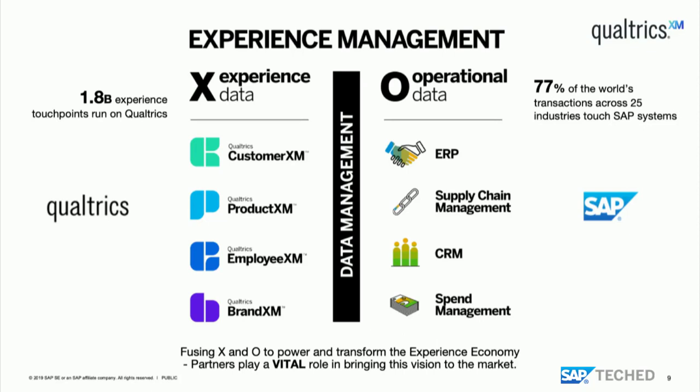SAP runs 77% of the world's transactions. When you combine these transactions, this O data, with all the touch points across Qualtrics and X data, that's where we can gain very material insights around product, customer, employee, or brand experience and behaviors. Fusing these together is really vital to bringing the experience economy together.